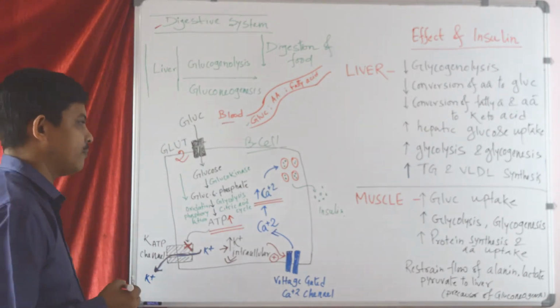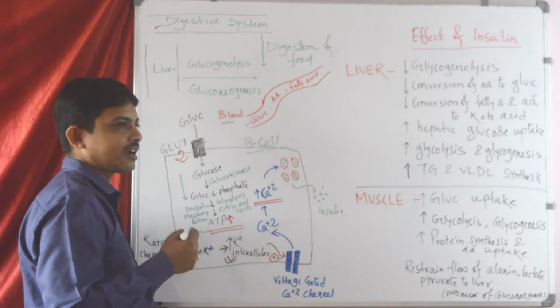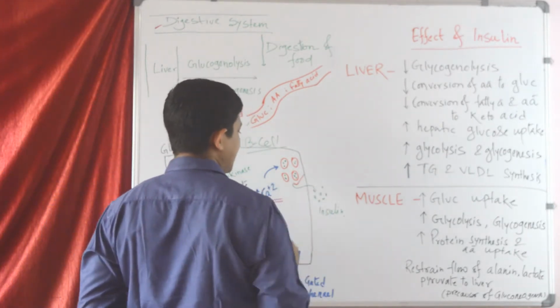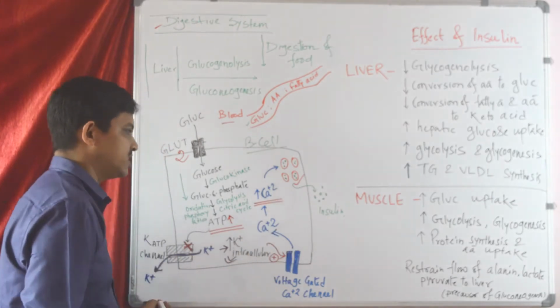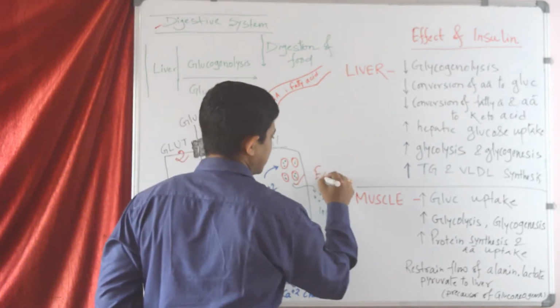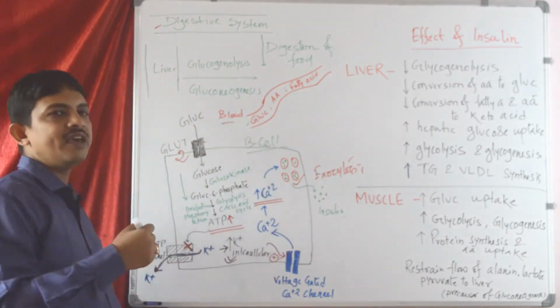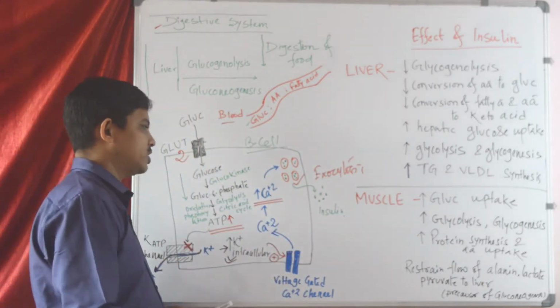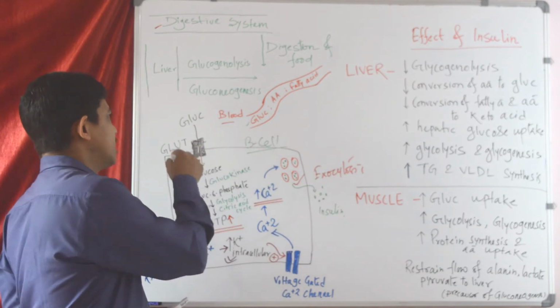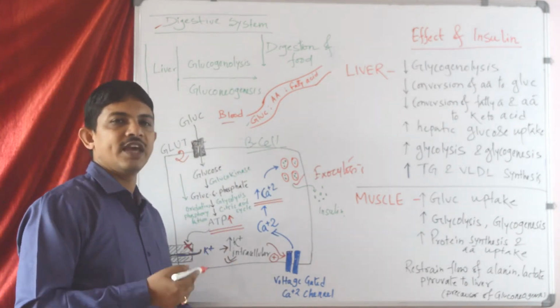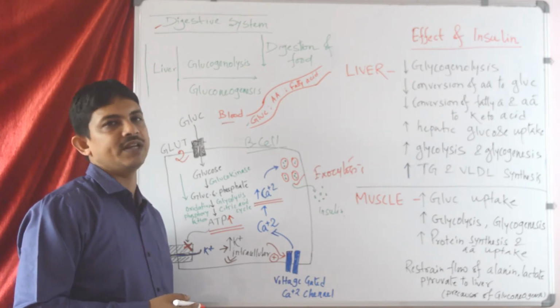This calcium will act on the granules containing the insulin, and through exocytosis, insulin will be released. Clear? So by that process, glucose is responsible for the release of insulin from the pancreatic beta cell.